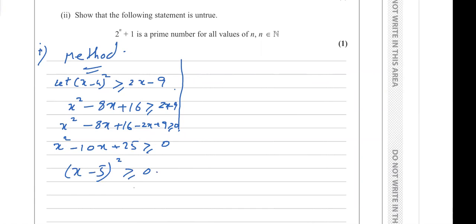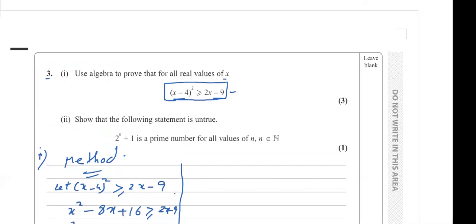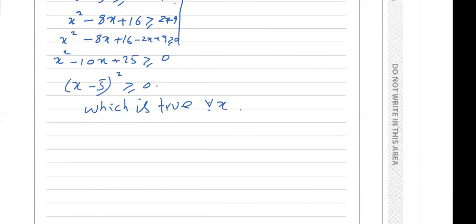Now that is true, which is true for all x. We read this symbol as 'for all'. As the question says, for all real values of x, so this is true for all x belonging to R. It is true because if we take the square of a negative number, it will be a positive number, or at minimum it can be 0.